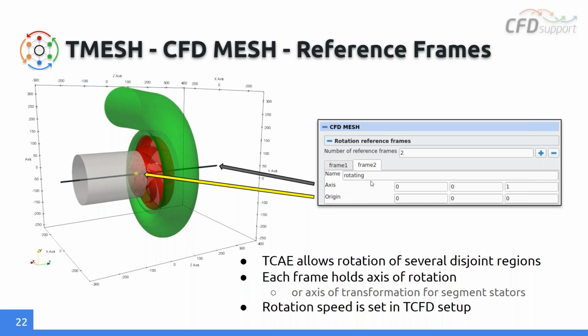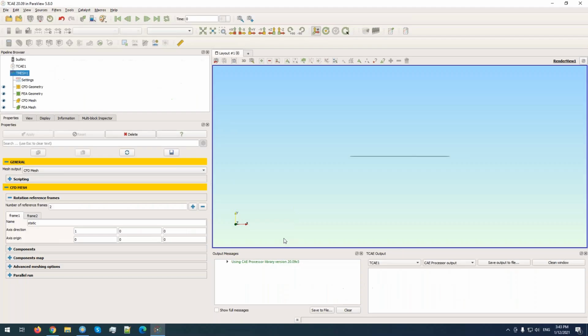Therefore we need to define two frames, one static and one rotating. The axis is defined just by the directional vector and the point lying on the axis. The default one is the x direction, and the point is in the origin, the point 0, 0, 0. In this way, if you compare it to the input geometry, which you know, then you also know the axis of rotation or axis of symmetry. So we have static and rotating, which is the default.